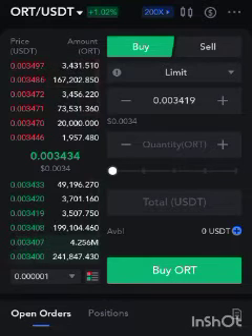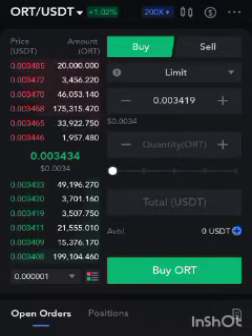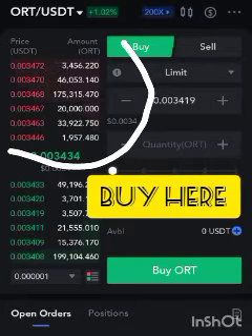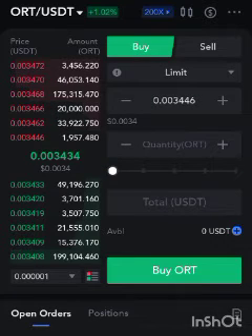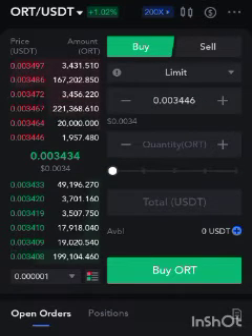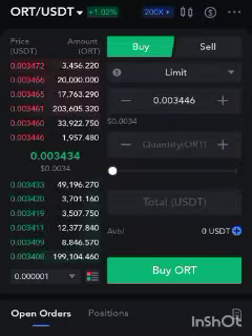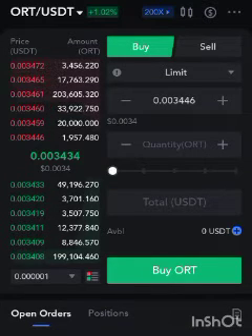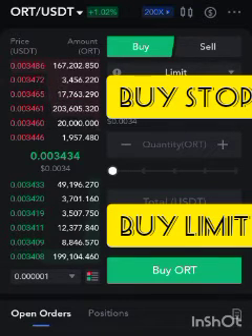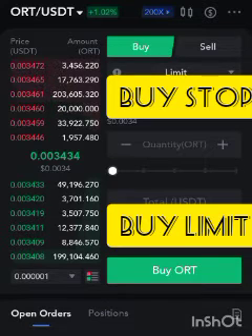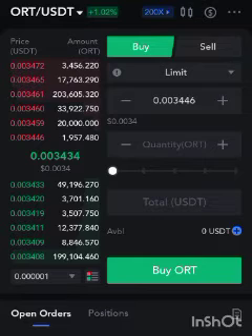Now, if you want to get your buy orders executed instantly, you will need to pick a price in the red section. Let's say we go for this particular price in the red section, which is 0.003446. I would like to call this a buy stop price. To make this video more comprehensive, I'll call the green side the buy limit side, and the red side the buy stop side.